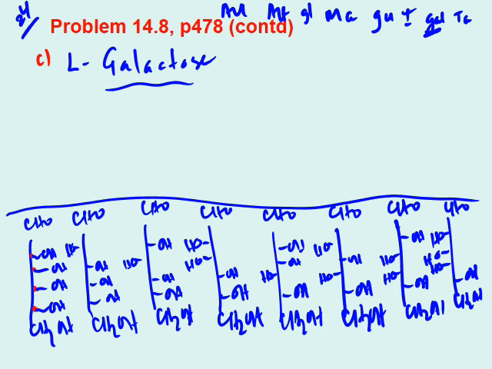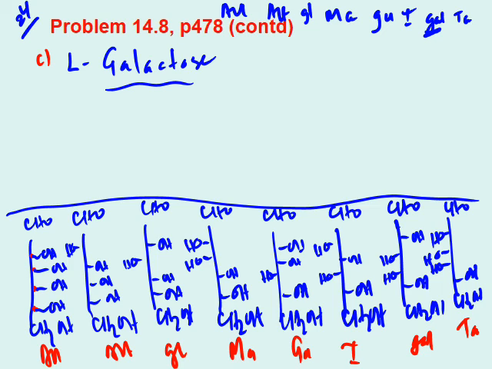The first one is allose, altrose, glucose, mannose, gulose, idose, galactose, and talose.